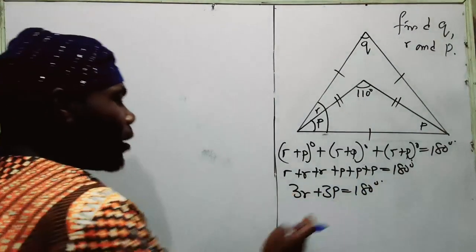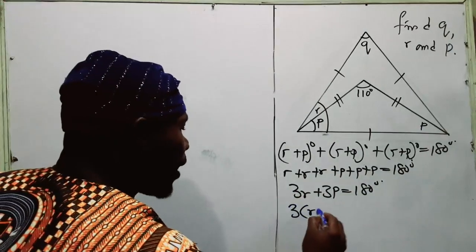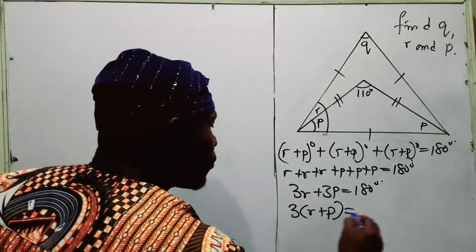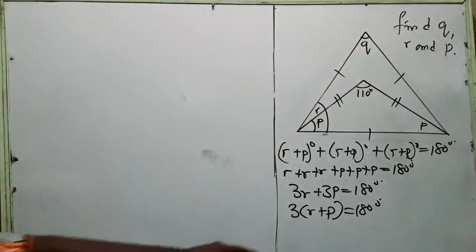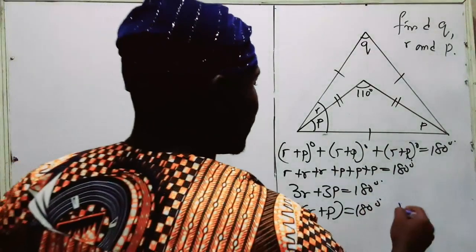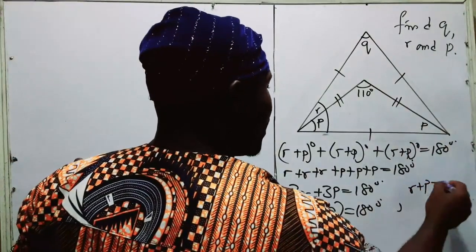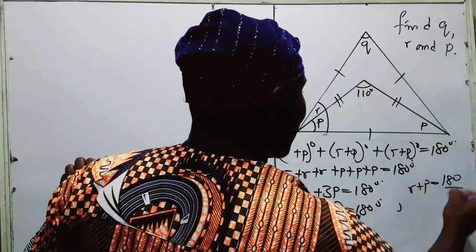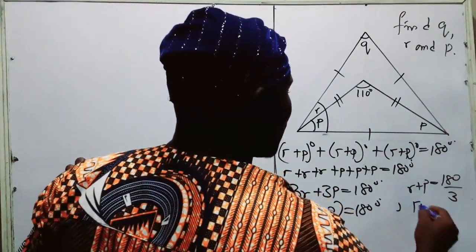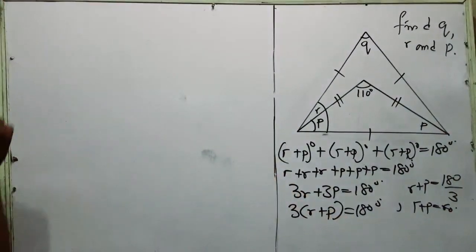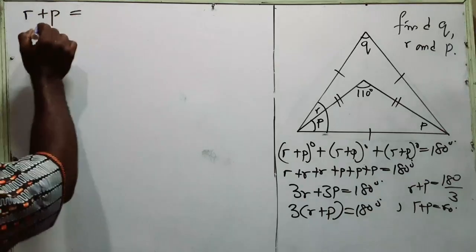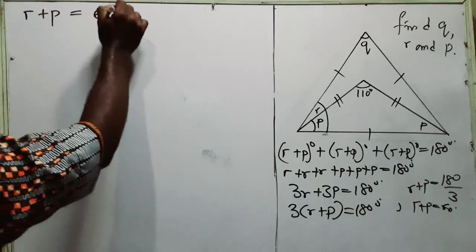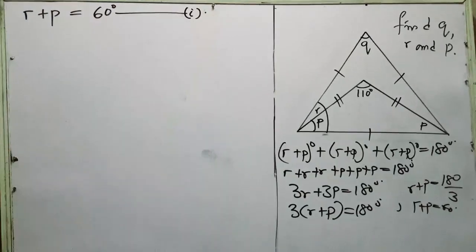We have 3 times (R plus P) is equal to 180 degrees. So R plus P is equal to 180 divided by 3, that is, R plus P is equal to 60. So we have formed equation 1: R plus P is equal to 60 degrees.